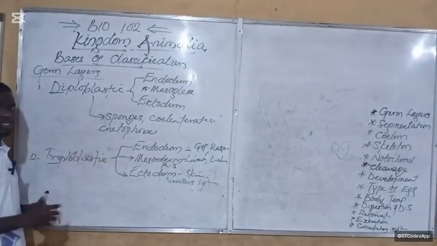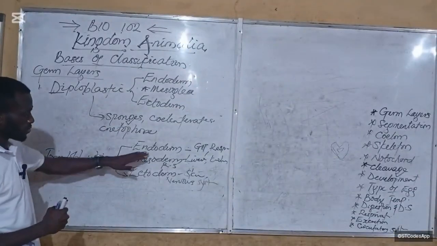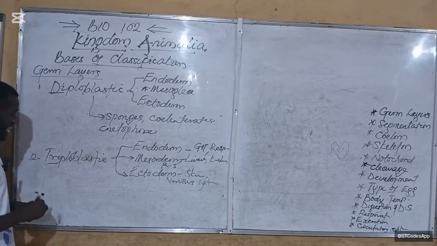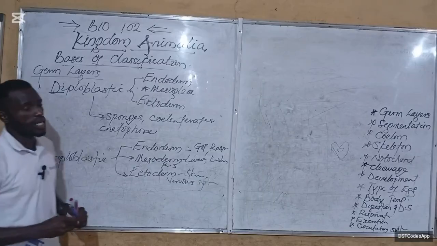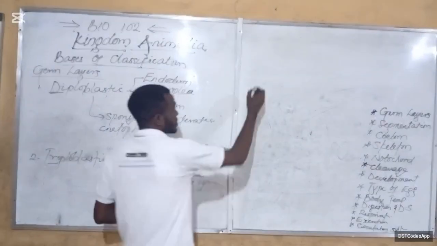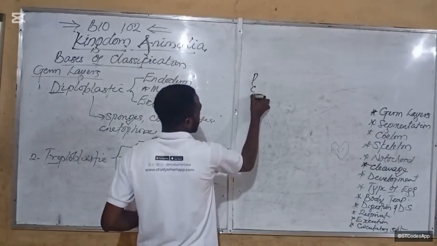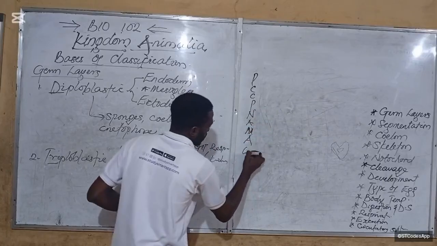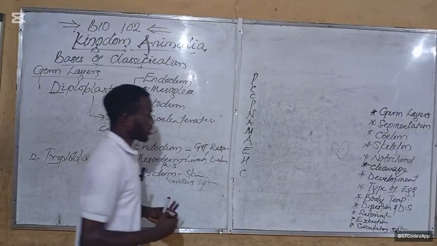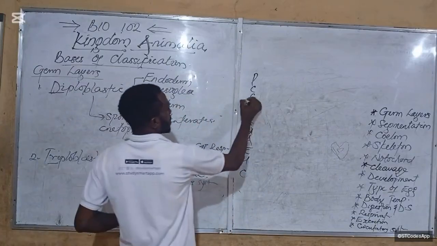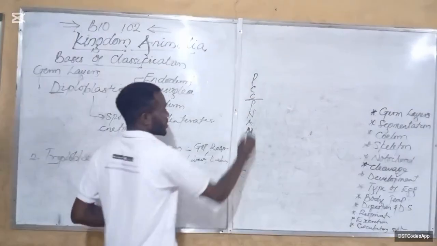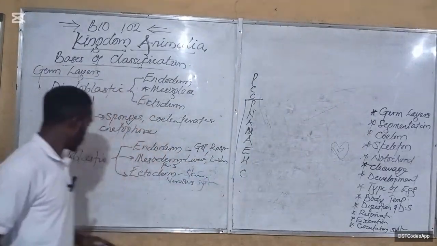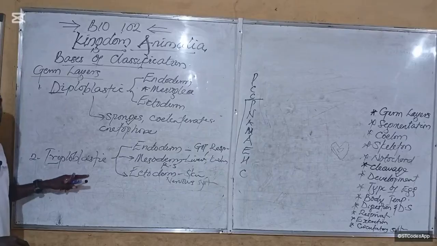I've discussed this in the other video, so I'm going to link it in the description. So endoderm, mesoderm, and ectoderm, triploblastic organisms. And using our mnemonic that we already learned, from the second P, which represents the platyhelminthes, to caudate, they are all triploblastic.